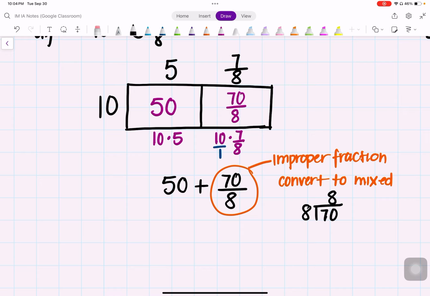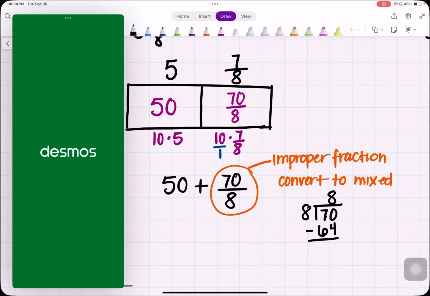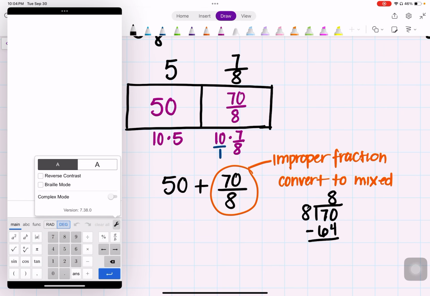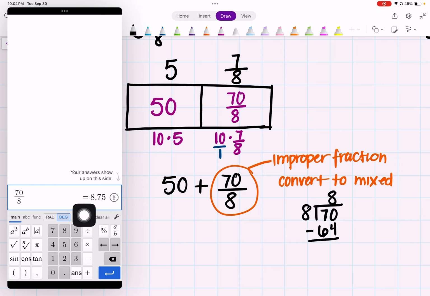So I'm going to go ahead and subtract 64. By the way, guys, if we don't know that from the top of our head, I could actually take out my calculator, right? And check. If I do 70 divided by 8, it's actually going to give me a decimal of 8.75, right? The decimal, I would have to convert that into a fraction, but as of now, I know that 8 is a whole number, so that's where I get this 8 from.